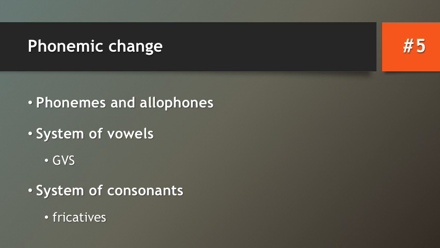For phonemic change, we must know that sound systems have a tendency towards symmetry. And there are two important changes in the history of English. In relation to vowels, the Great Vowel Shift, a chain shift which took place during the Middle English period. It developed in different steps, and it affected long vowel sounds which were raised.